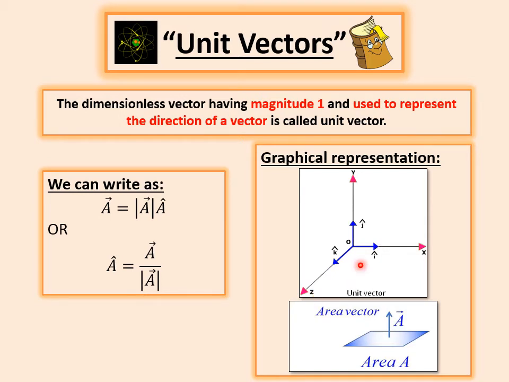That means the x, y and z axes have their unit vectors in the form of i cap, j cap and k cap respectively. Basically, the unit vector represents the direction of the vector.